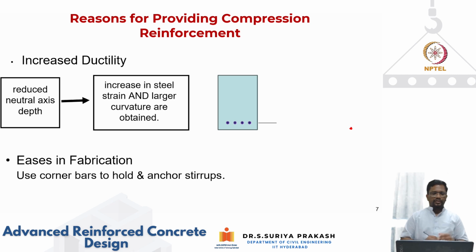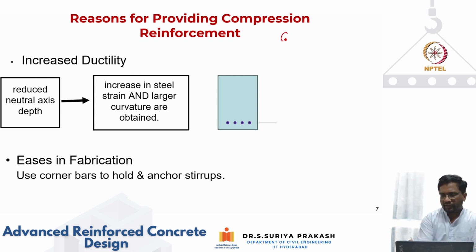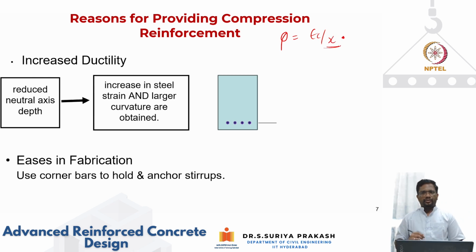So by adding compression steel, it is going to reduce the neutral axis depth. When you have a reduced neutral axis depth, how do you define curvature? In our analysis, we have taken curvature as epsilon c by x. If my x value comes down, if my denominator has a lesser value, then for the same epsilon c the strain on the tension steel is going to go up, and your curvature is going to increase.